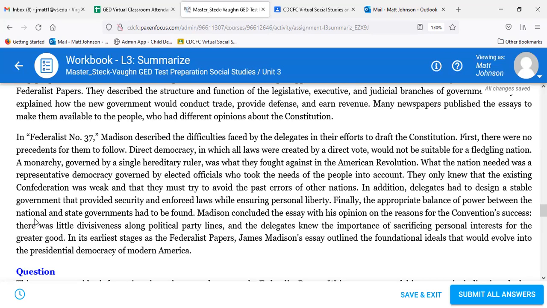Okay. All right, so let's see how we can put this together then.